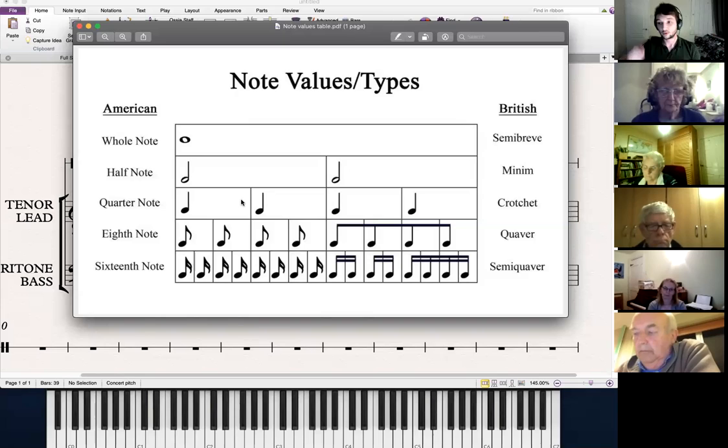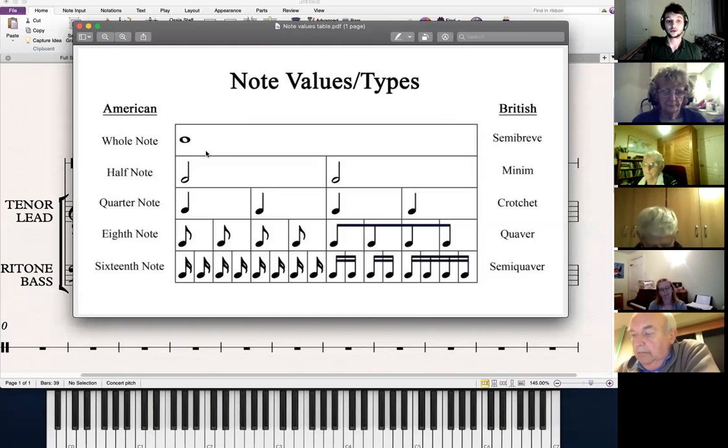So we would have 4 crotchets there, and then 8 quavers would fit into 4 crotchets. If I were to play that, I would have 1, 2, 3, 4. Can you hear there are 2 notes to each beat?